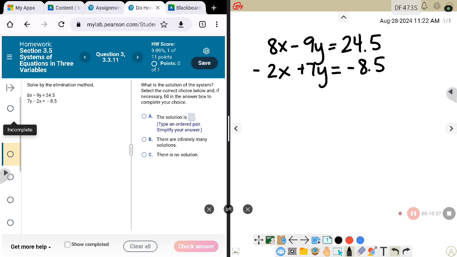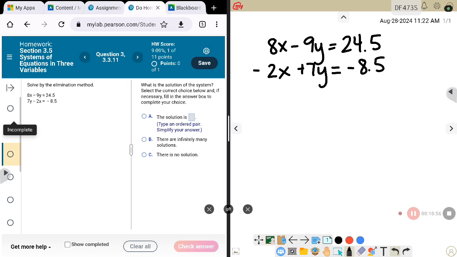So I noticed that like the last problem, I'm going to actually have to mess with one of these equations so that I can eliminate a variable. Let's look at the x's in this case. The top one is an 8x. The second equation is a negative 2x.